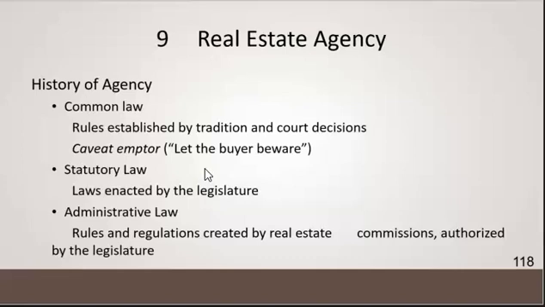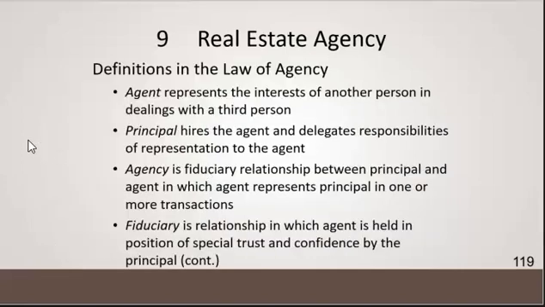So we're going to talk about the law of agency, and often you're going to hear it called the common law of agency. Now, once again, we're going to get into all of these fancy words and terms, so let's go through it one more time. First word I want to talk about is an agent. Remember, an agent is somebody that's hired to represent somebody else. Talent agent, sports agent, modeling agent, all right?